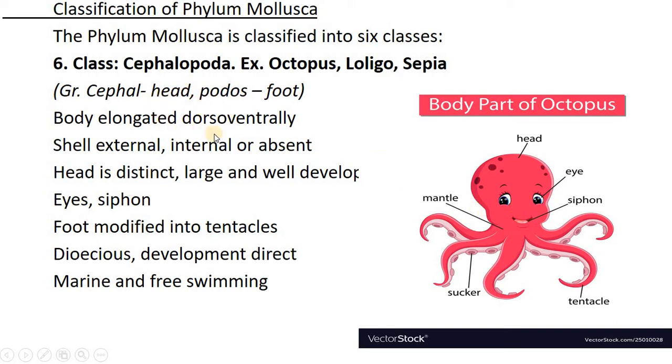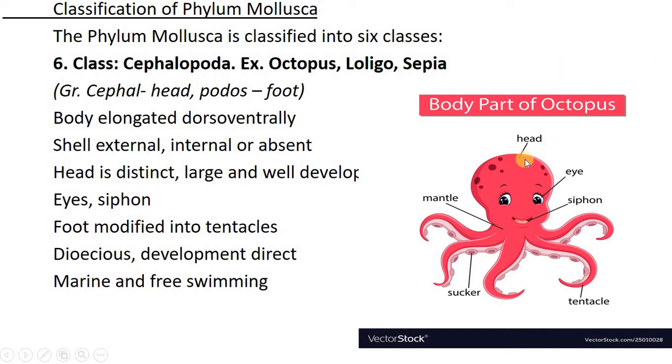Body is elongated dorso-ventrally. Shell is internal in most cases, or sometimes absent. Shell is external also in some cases. Head is distinct, large and well developed, with the presence of eyes and siphon. Foot is modified into tentacles. Dioecious, sexes are separate, development is direct. They are marine and free-living forms.